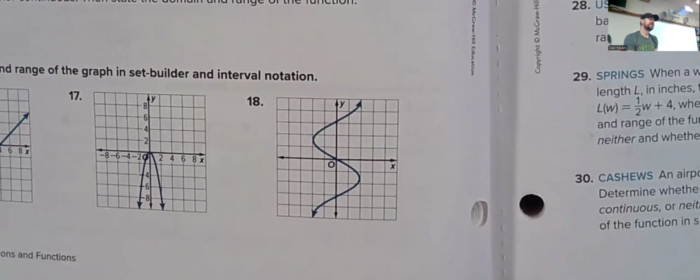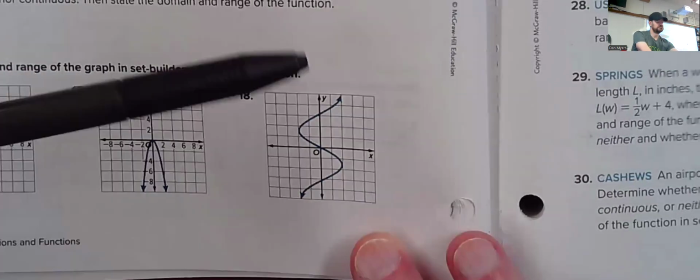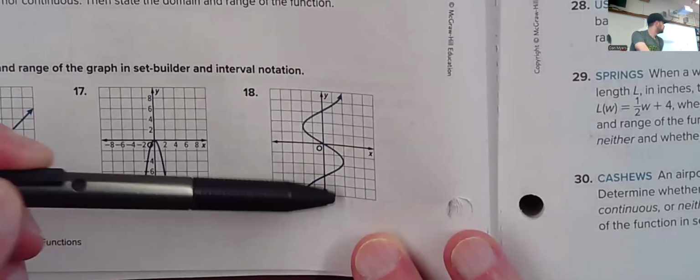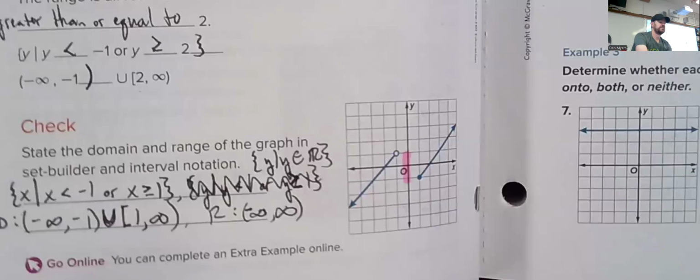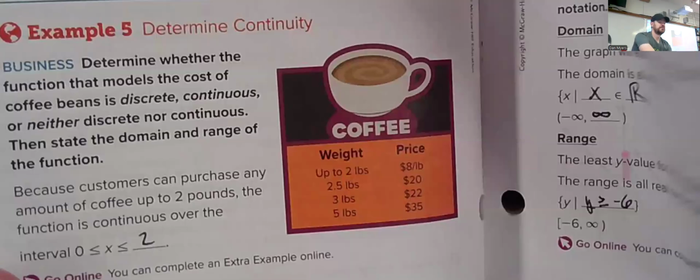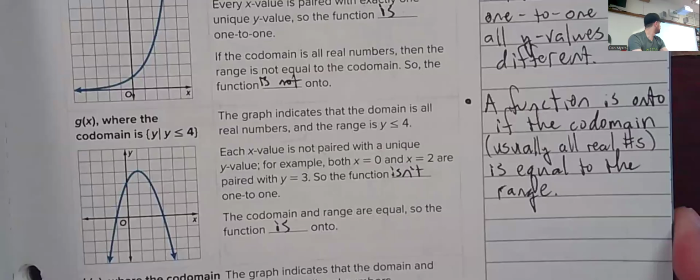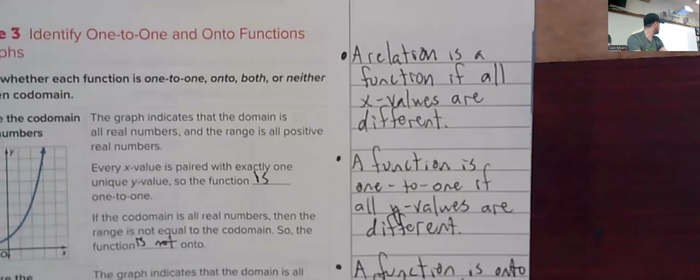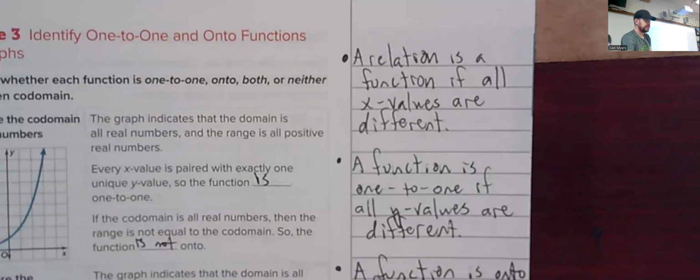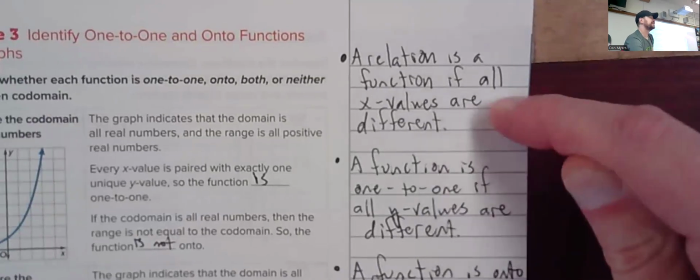Okay, going back to what we were talking about at the beginning of the lesson in the vertical line test back in lesson 1-1, why would this not be a function? A relation is a function if all the x values are different.